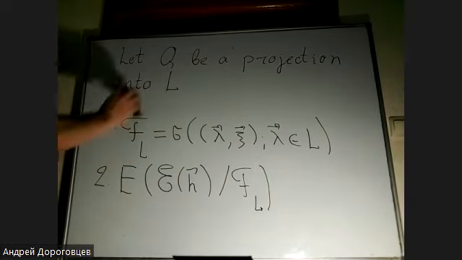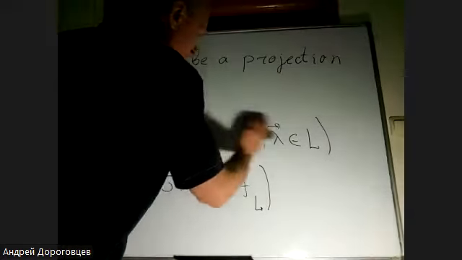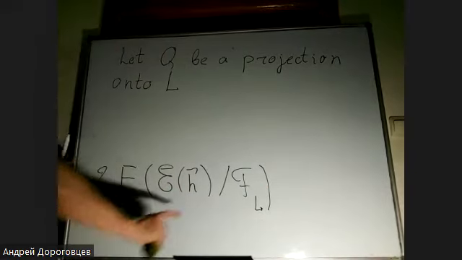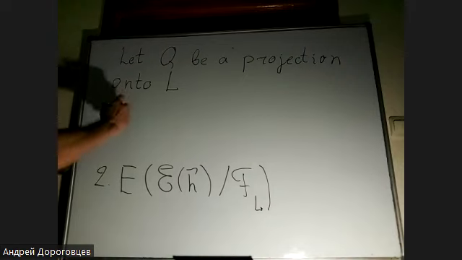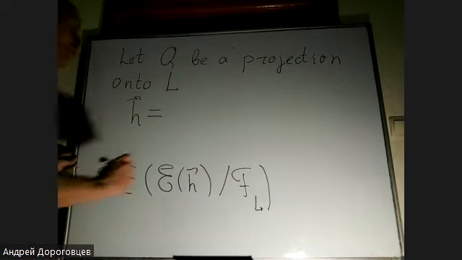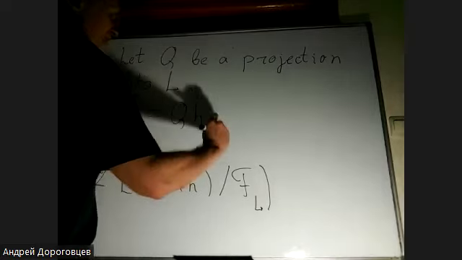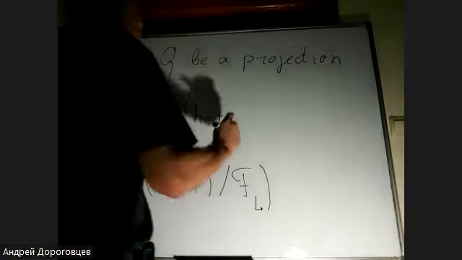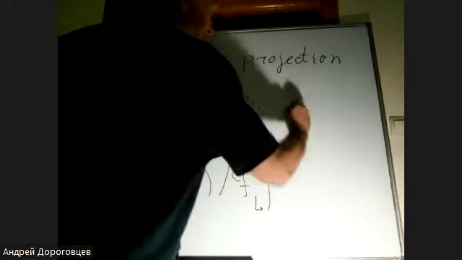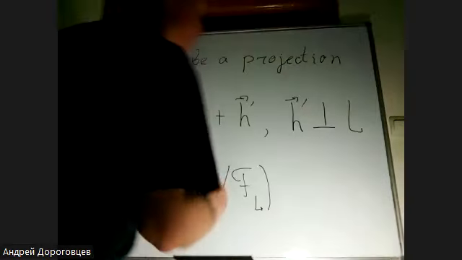Then I can say that our vector H, which was used when we defined the stochastic exponent, can be represented as follows. H is equal to QH plus, I will say, H prime, where H prime is orthogonal to our space.